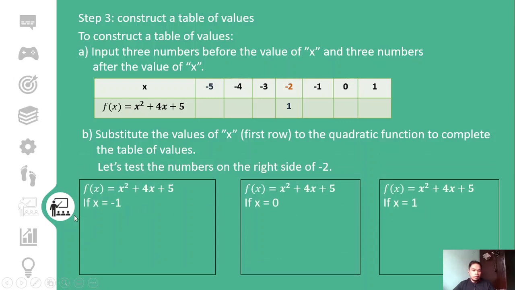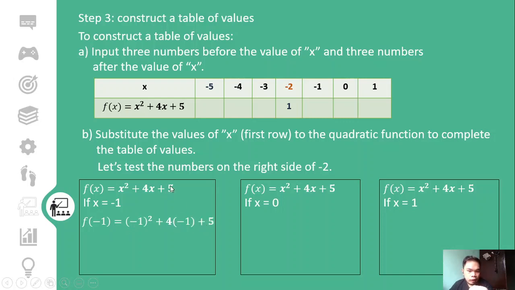Okay? So let's test the function of x in x squared plus 4x plus 5 if x is equal to negative 1. Same process, yung x, papalitan lang natin ng negative 1. So we have f of negative 1 equals negative 1 raised to 2 plus 4 times negative 1 plus 5.